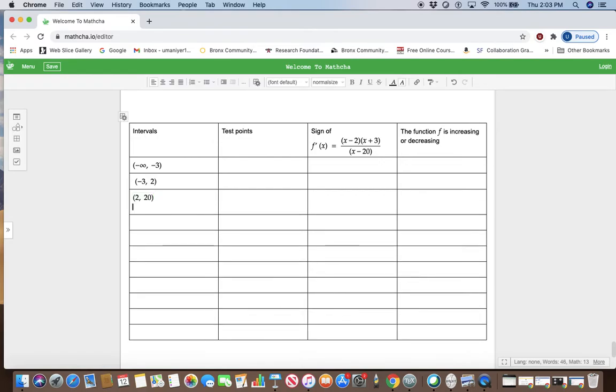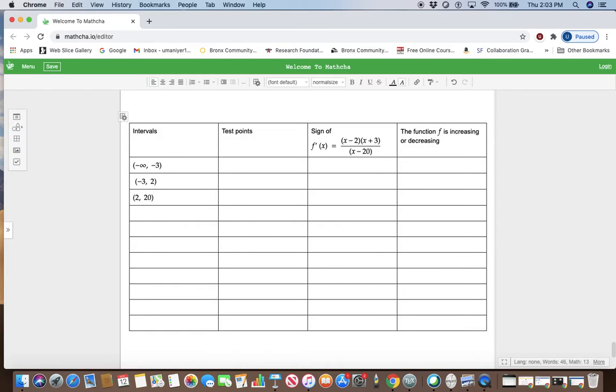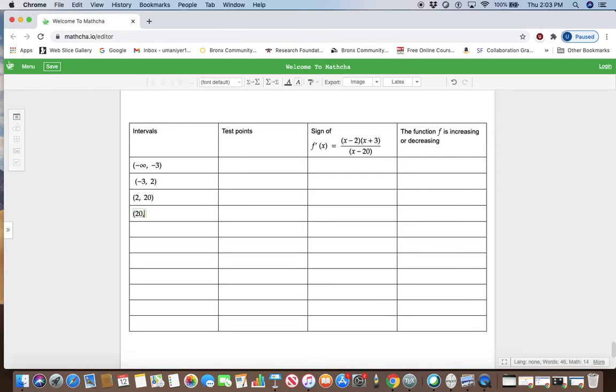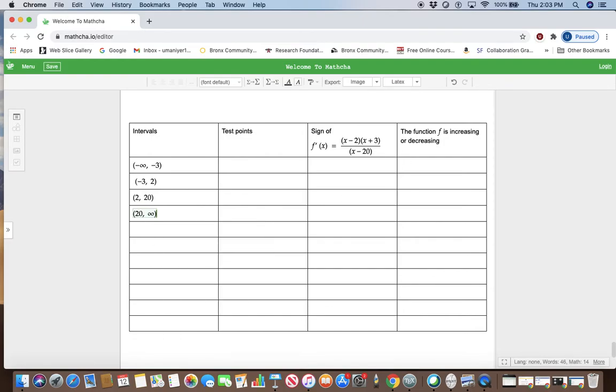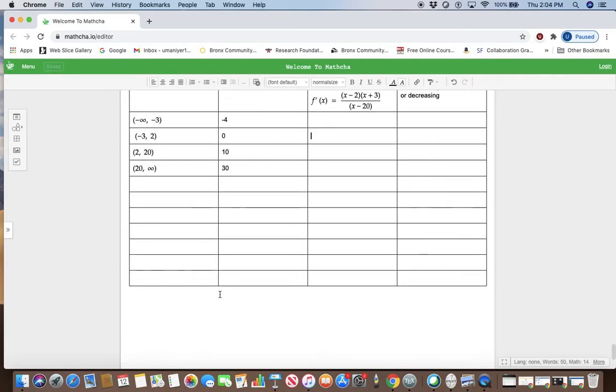And the next interval is 20 backslash infty, close, right? So you're choosing test points negative 4, 0, 10, I don't know, 30. And you will proceed and get me signs and so on and so forth. Okay, you can complete this.